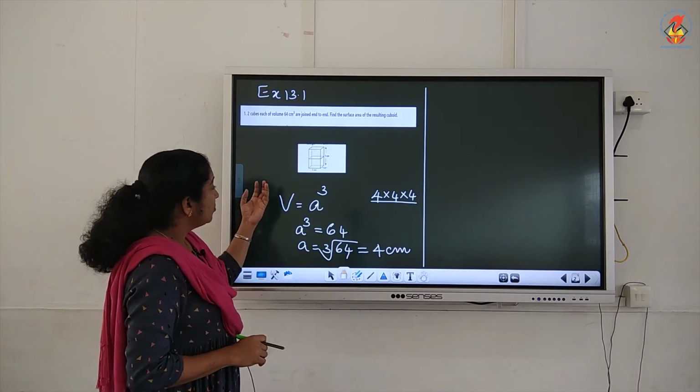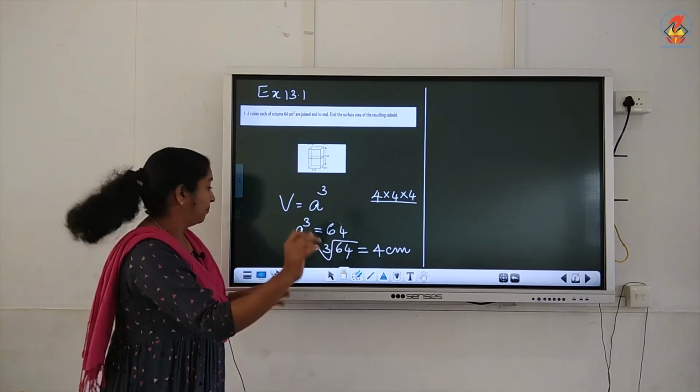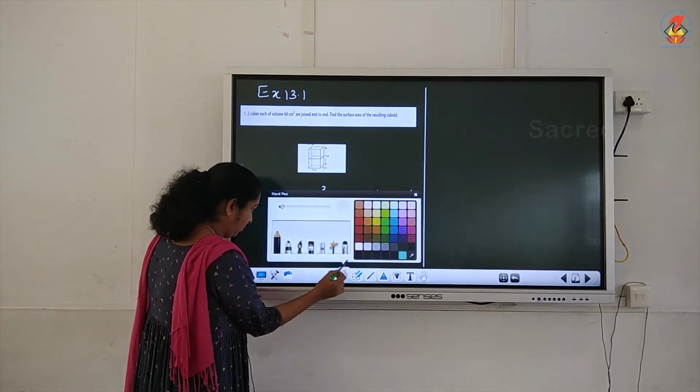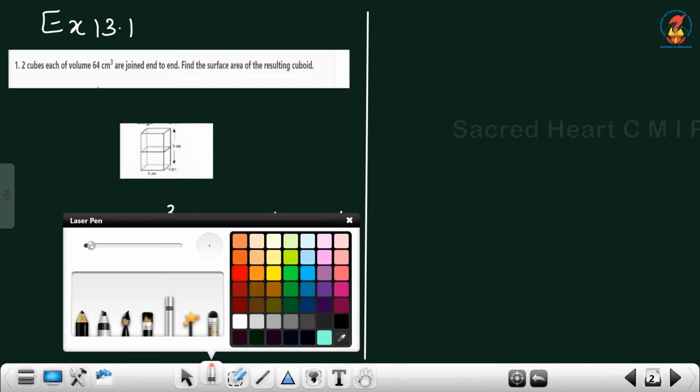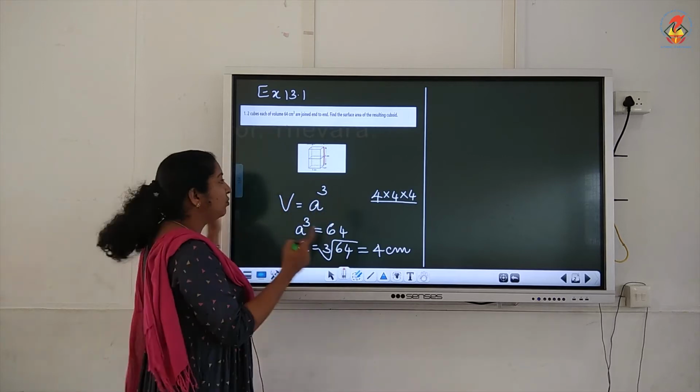Then, what is given? Find the surface area of the resulting cuboid. See, the resulting cuboid is like this, in which when it joins, one part is increasing as 4 plus 4. That means either you can take it as length or you can take it as height, any one of that.